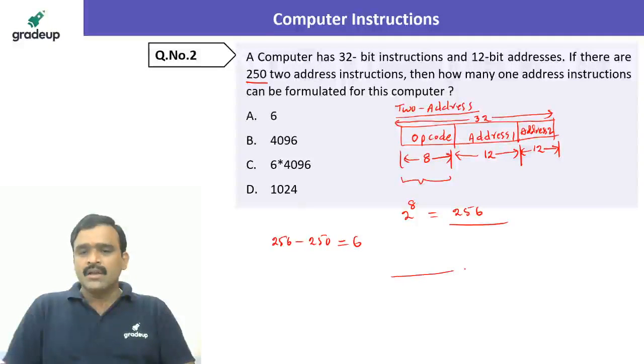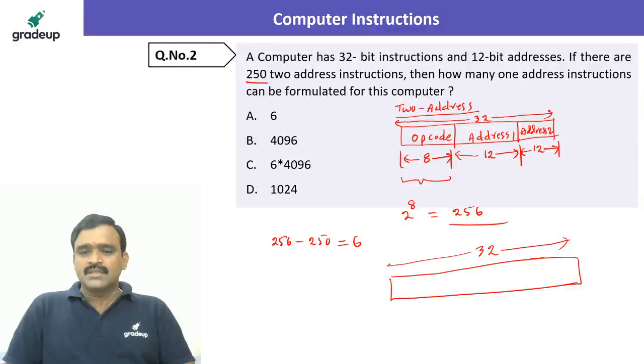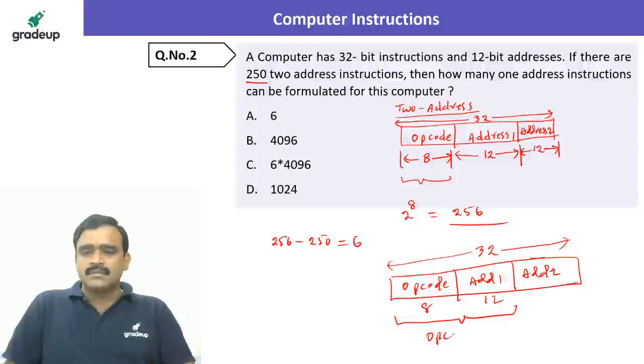But as far as the one-address instruction format is concerned, for a 32-bit instruction, we can use the first address part also as an opcode. The already existing opcode bits followed by address 1 can be used as an opcode, which is of 12 bits. So this is 8 bits, this is 12 bits. Now we have the opcode as 20 bits.